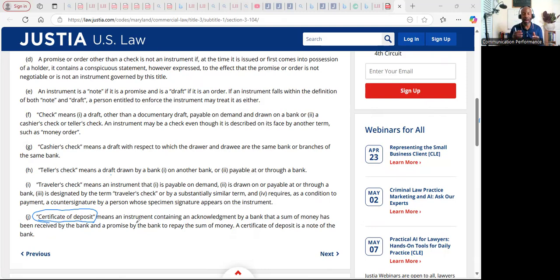And this is why when banks allegedly make deposits, they can intermingle that money with the rest of their money and they don't have to segregate it, right? Like a special deposit, right?